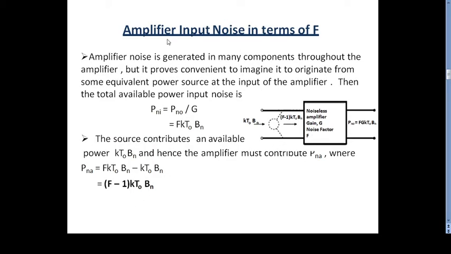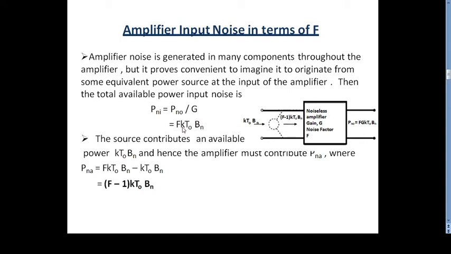Now, amplifier input noise in terms of noise factor. Amplifier noise is generated in many components throughout the amplifier, but it proves convenient to imagine it originating from some equivalent noise source at the input of the amplifier. Then the total available input noise power is equal to the noise power at the output divided by the gain of the amplifier.